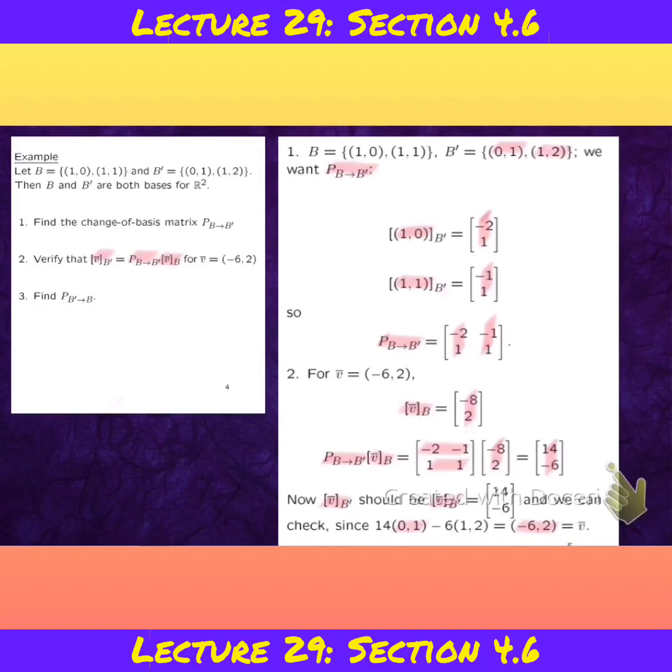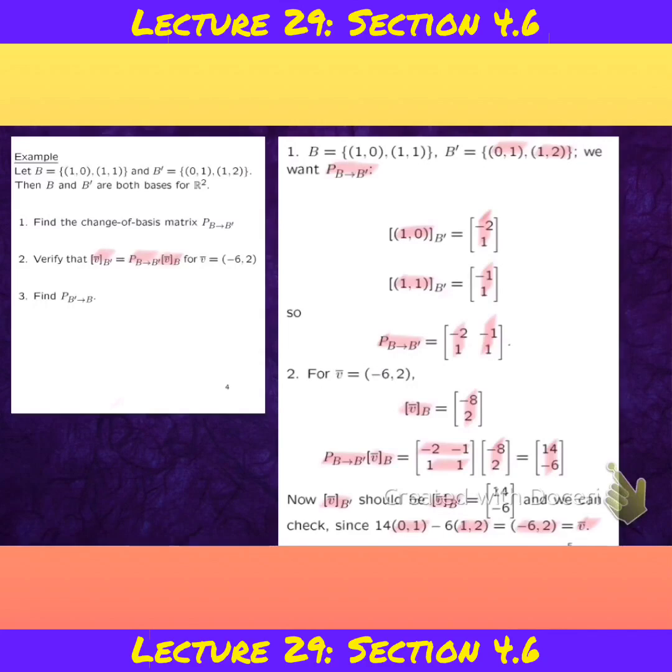So that's the first one in B prime, that's the second one in B prime, and you can easily verify this linear combination, that 14 times 0, 1 minus 6 times 1, 2 is in fact minus 6, 2, which is the vector v.